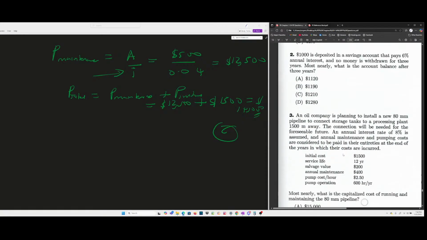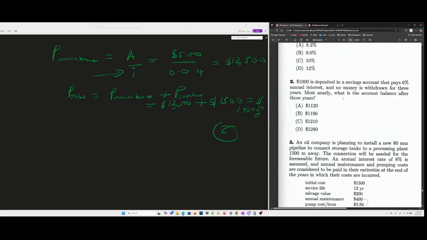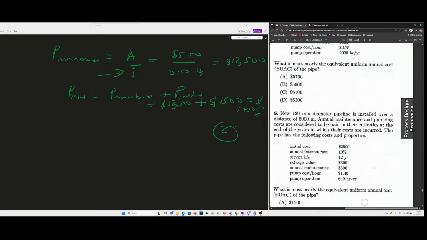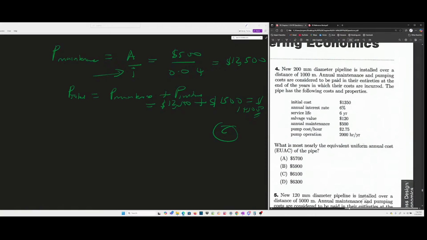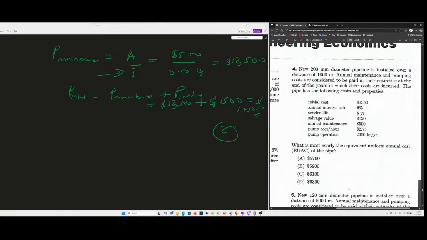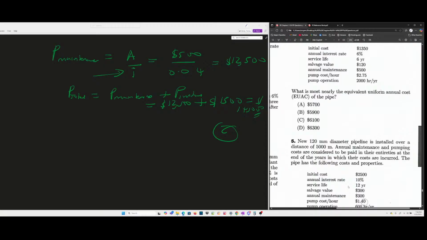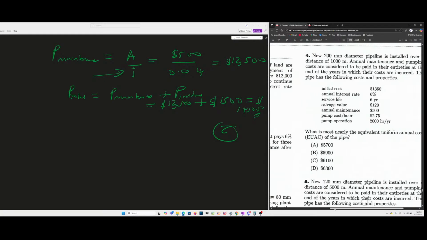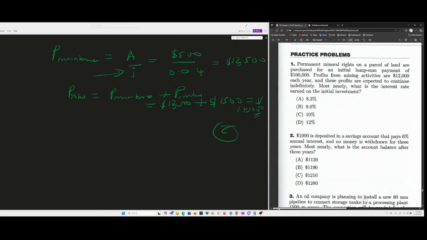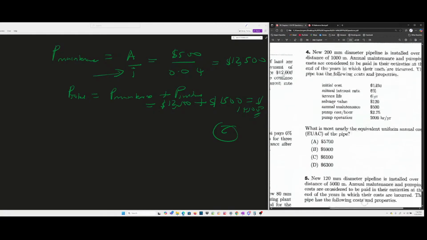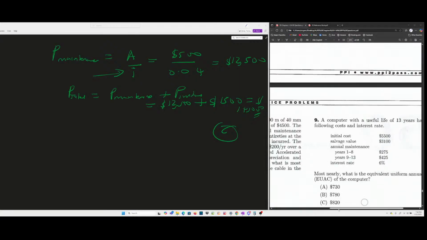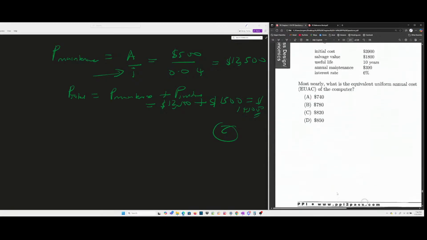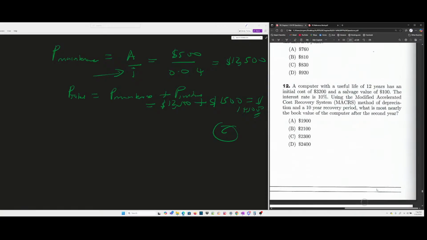We also used it again, and we used it twice to find the capitalized cost. But that's how we solve that question. Let's move over to the next question.